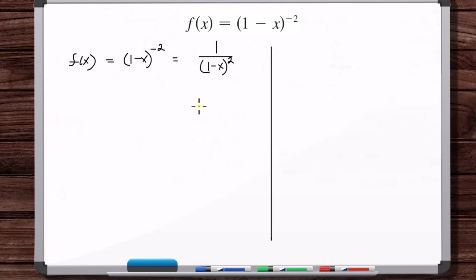The idea is we want to identify a pattern. So the second derivative, bring down the minus 2, 1 minus x to the minus 2 minus 1 is minus 3, but then don't forget the chain rule here, so the derivative of 1 minus x is minus 1, so that's going to actually make this a positive 2.